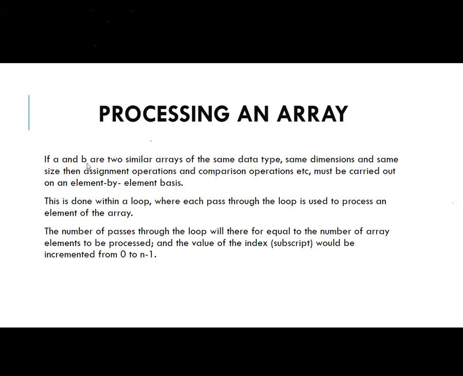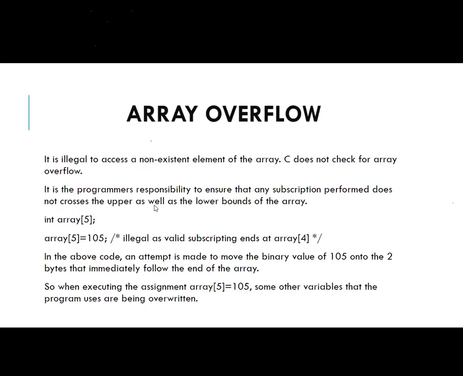For example, if A and B are two arrays of similar data type and similar size, and you are comparing the two arrays, it is done element by element. That means this is done with the help of a for loop, which I explained to you earlier.